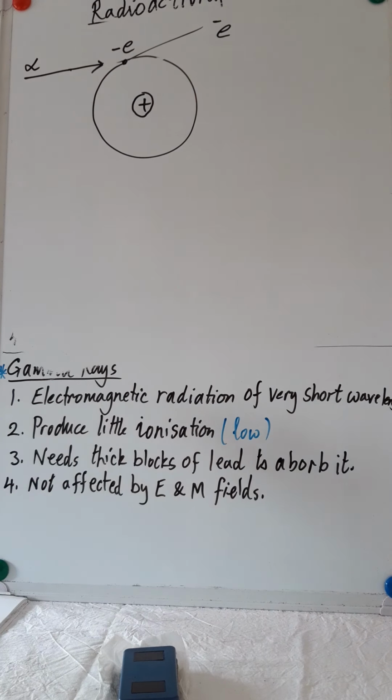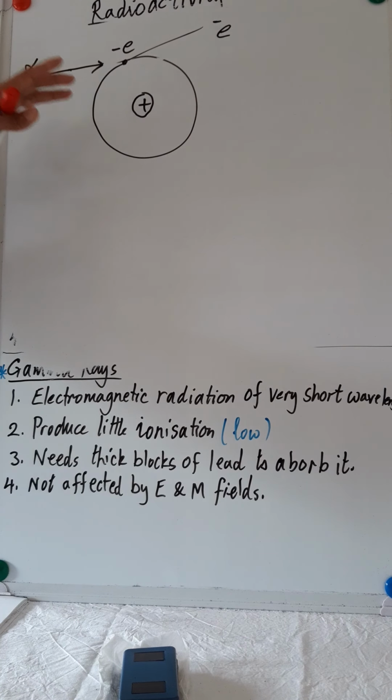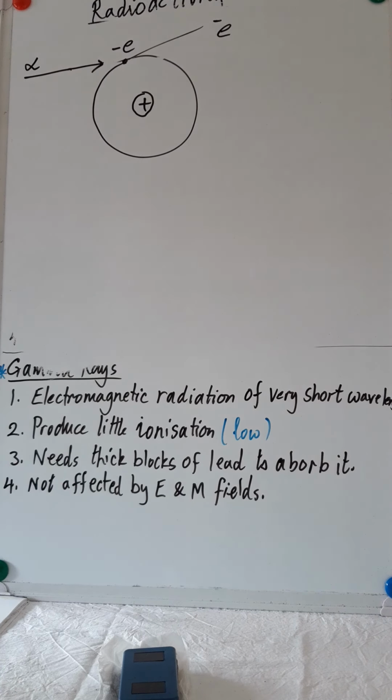Now, beta particles, because they don't collide with the atoms as much, their range is much greater, like 15 to 20 centimeters in the air, and they produce less ionization. And gamma rays produce less ionization.